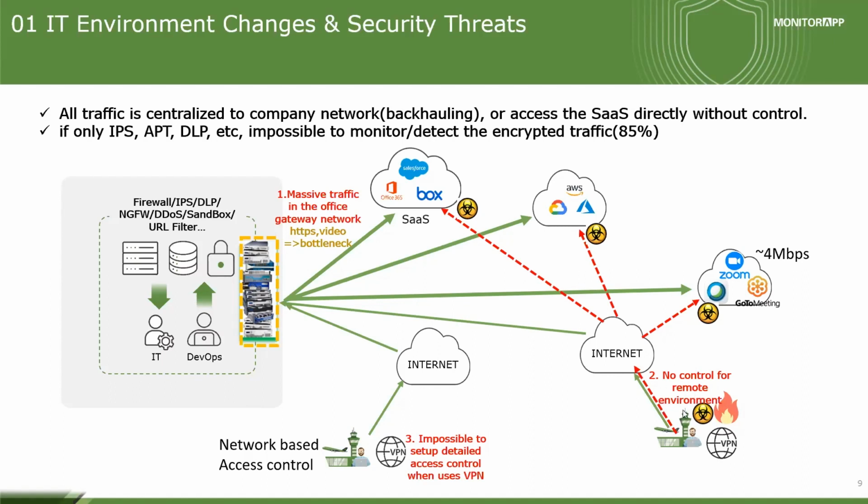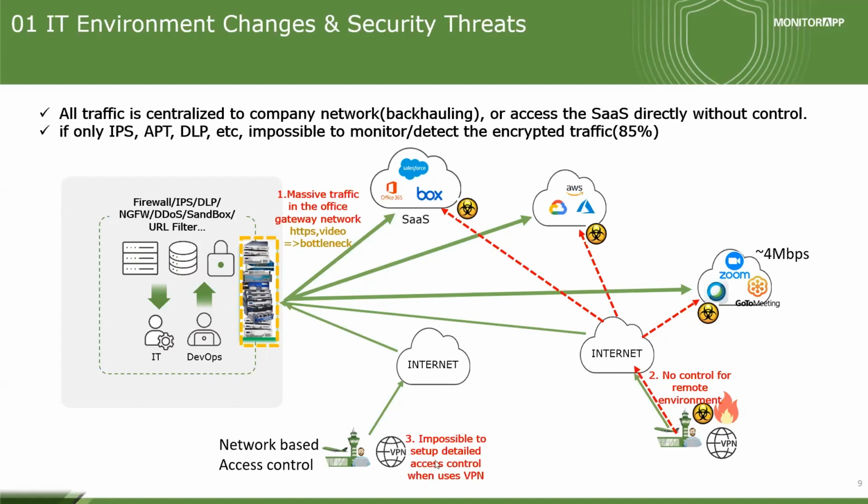If you see case number 2, if the remote user's device has been compromised and tries to access the SaaS solution or public cloud, as I mentioned on the previous page, it's impossible to control the traffic for the remote user to access the public cloud or SaaS.